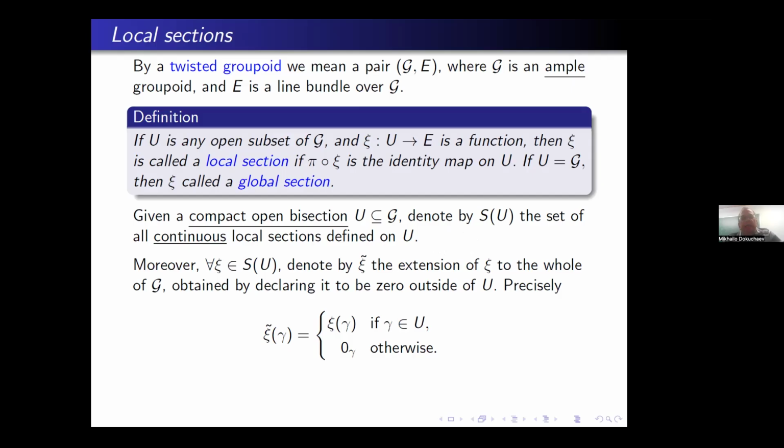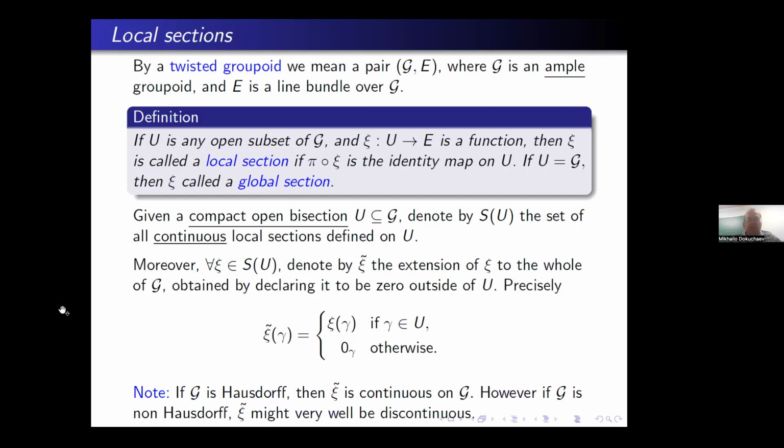Now we will extend this to the entire groupoid in the following way. Its value on the open set will naturally be psi of gamma for any gamma from U. But if gamma is not in U, then we just declare it as the zero of that fiber, as each fiber is a vector space. Now, it is important to note that this psi tilde is not continuous in general.